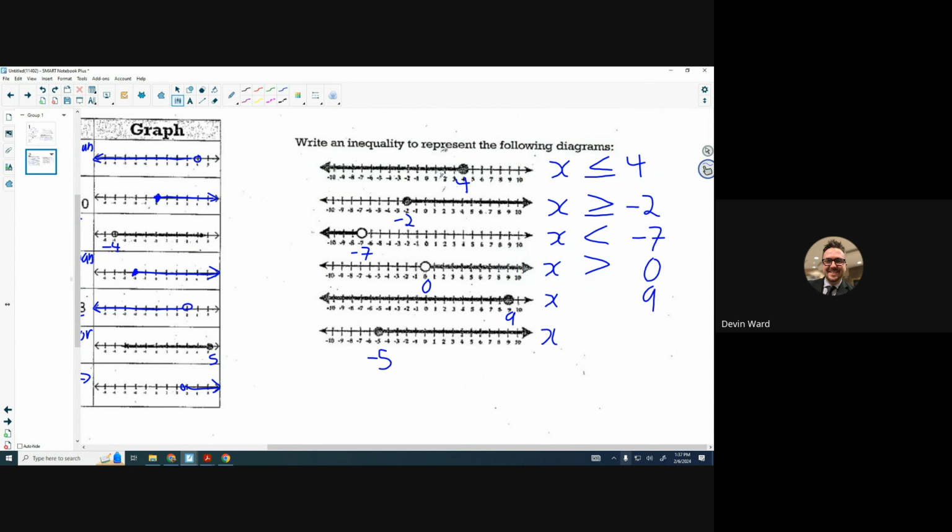All my numbers that are highlighted by the arrow are beneath it. So I have less than, and it's a solid dot, so less than or equal to. Here again, -5, and it's a closed dot, so equal sign beneath it. But all my numbers are bigger than -5. I have -4, -3, -2, -1, 0, and all the positive numbers are going to be bigger than -5. So x will be greater than or equal to -5.